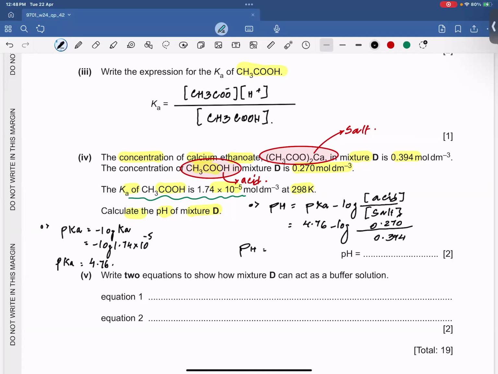Hold on, 4.76 minus log 0.270 divided by 0.394. So the value is going to be 6.203. So pH is basically 6.2.